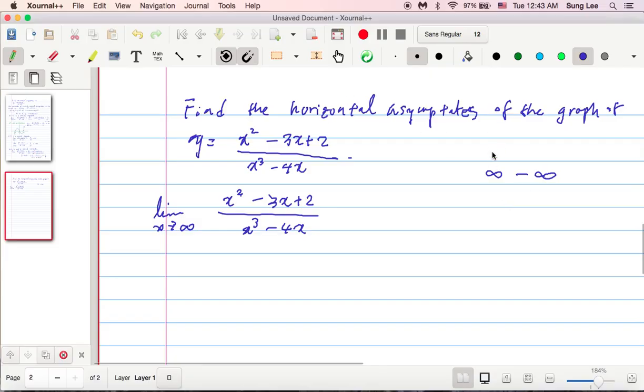So this is again another indeterminate form, just like 0 over 0.